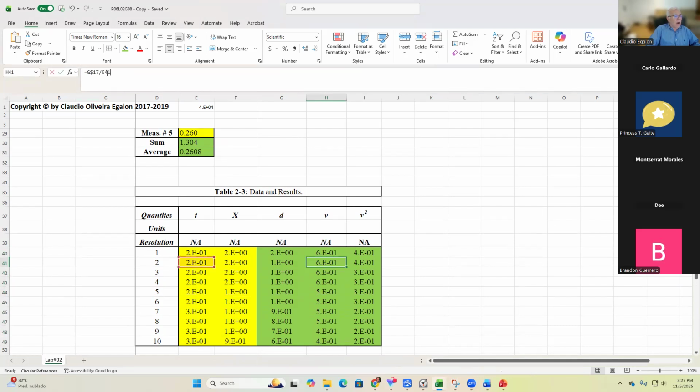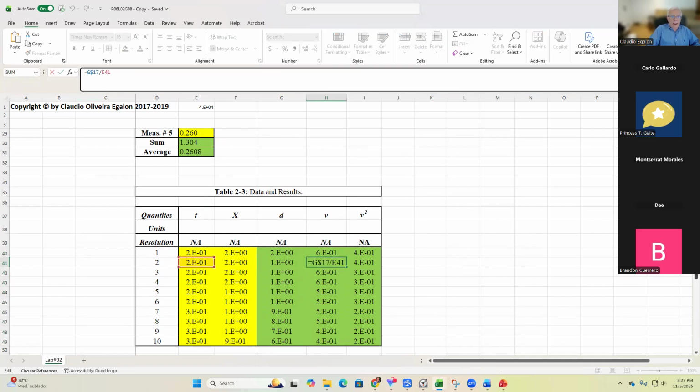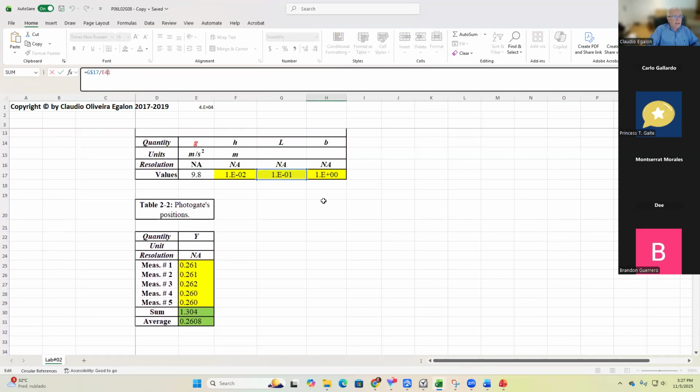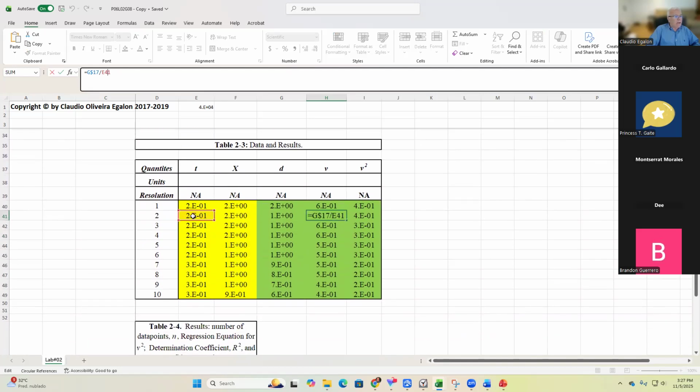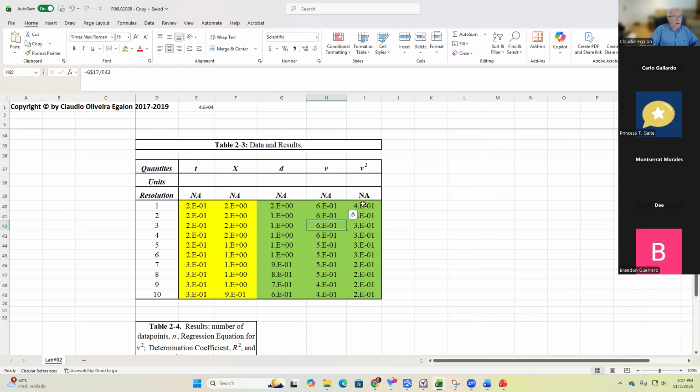This other result is obtained by dividing this measurement by this other measurement, right? And this other result is obtained by squaring the value of this previous result, okay?